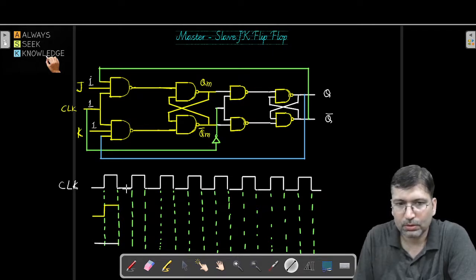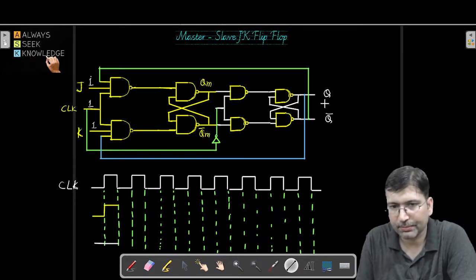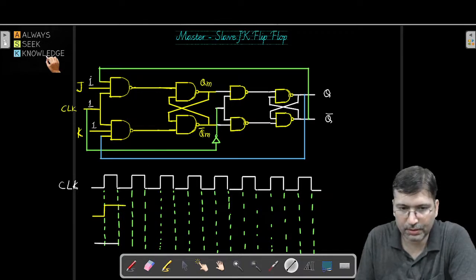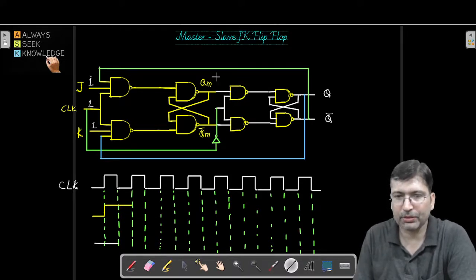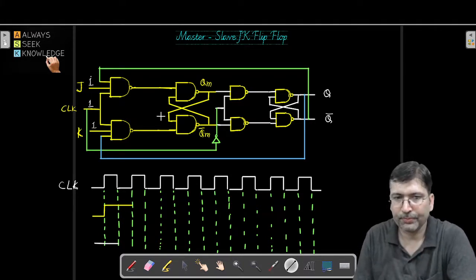Now when the clock will become low, this QM will be preserved and this circuit will be active. Preserved. So if it was 0, when the clock is low, it will remain 0. Okay, because it is not updating once the clock is getting low. So this circuit is not updating.